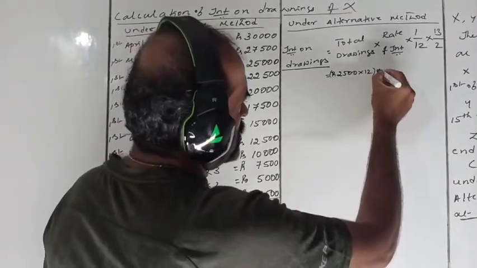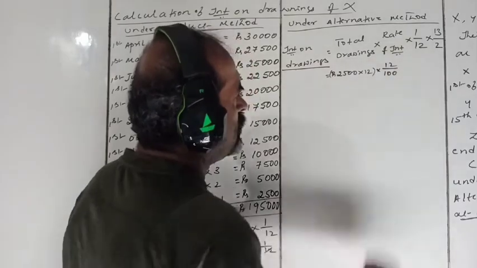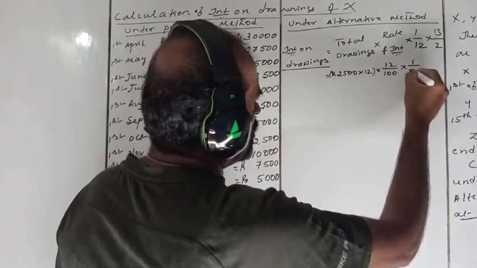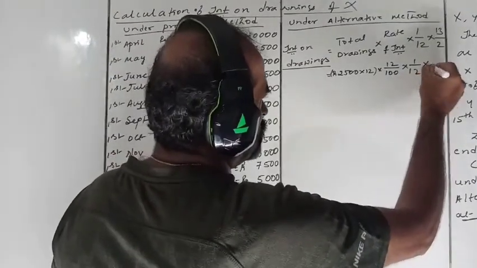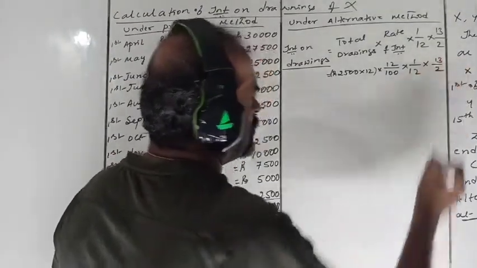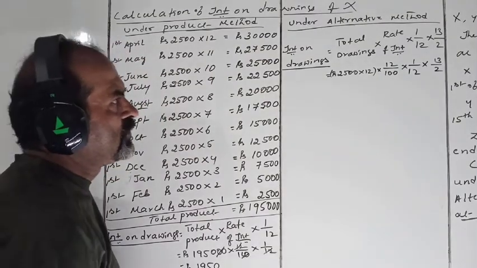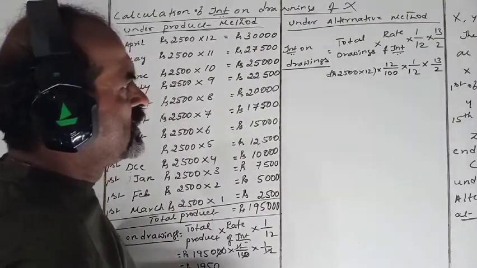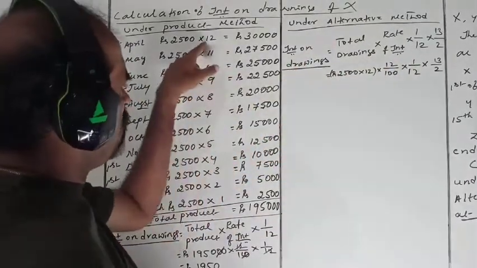The rate of interest is given in the problem. It is 12 by 100. The 1 by 12 is the common factor. The 13 by 2 is very important. It is the average period for which the partner withdrew for personal use. It is the average of the maximum and minimum number of months.